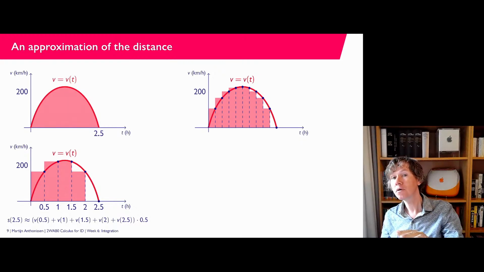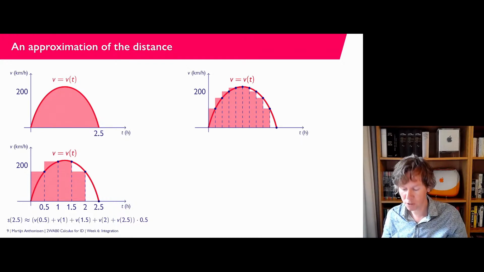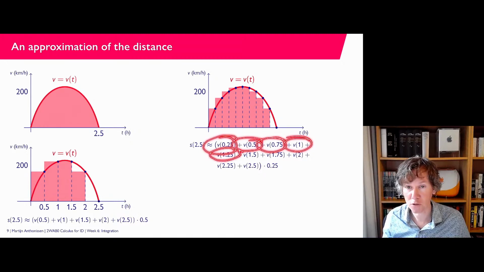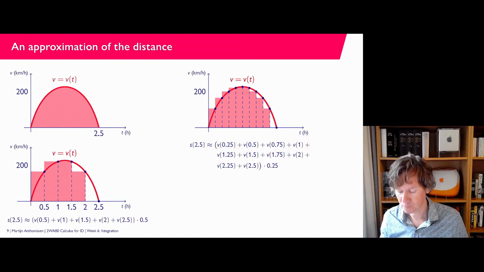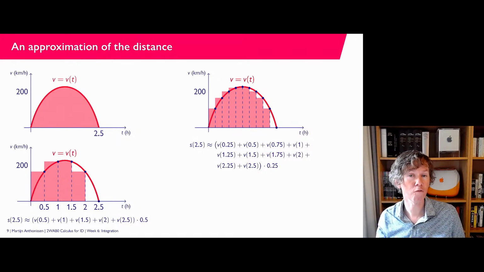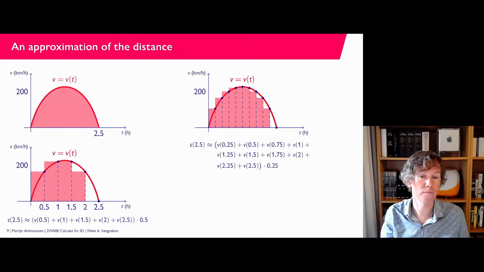So if you write down the velocity of the train every 15 minutes, what you would get is an approximation of the total distance traveled that is approximately equal to the velocity after 15 minutes plus the velocity after 30 minutes, 45 minutes, 1 hour, 1 hour and 15 minutes, and so on, times the time interval, 1/4 of an hour, 0.25. Yeah?